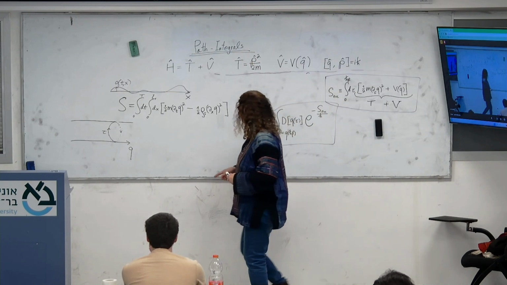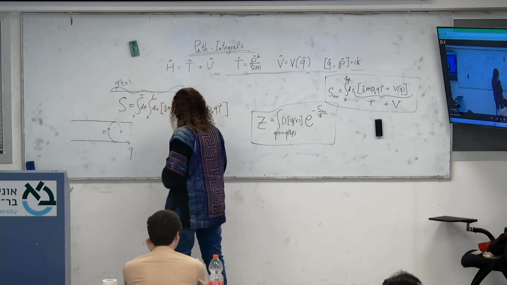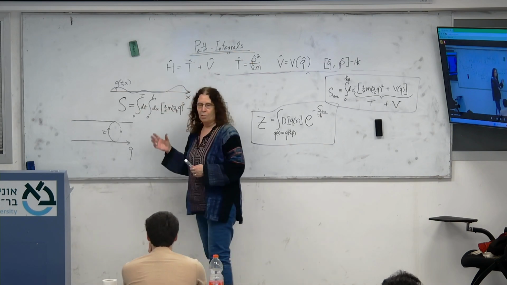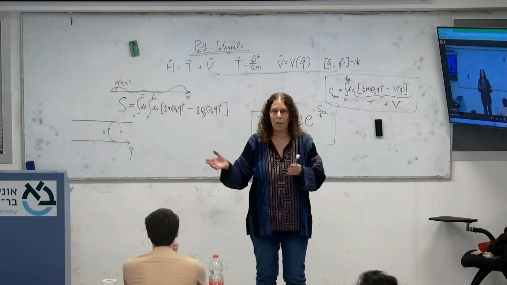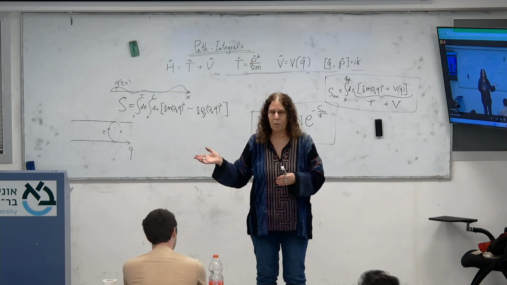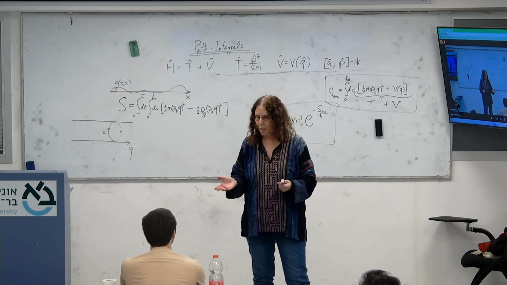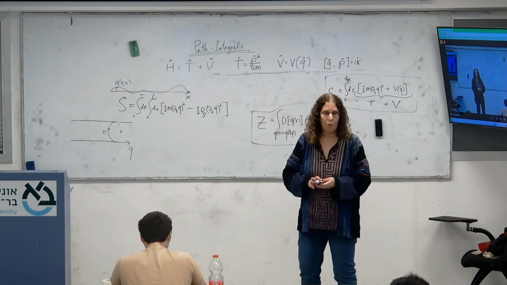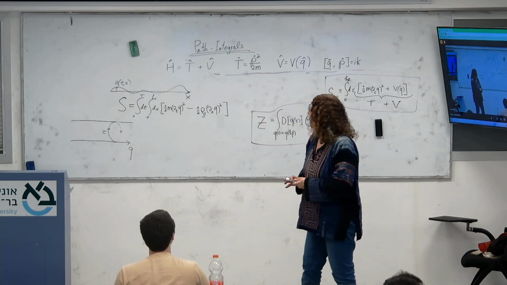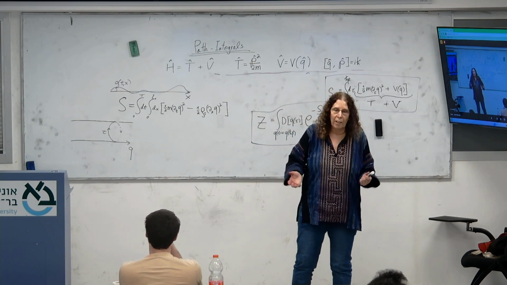So this was the action, and now let us say, okay, now I'm not interested in the real-time dynamics of this string. I'm interested in statistical physics. So at equilibrium, so time independent, I do the Wick rotation in exactly the same way.